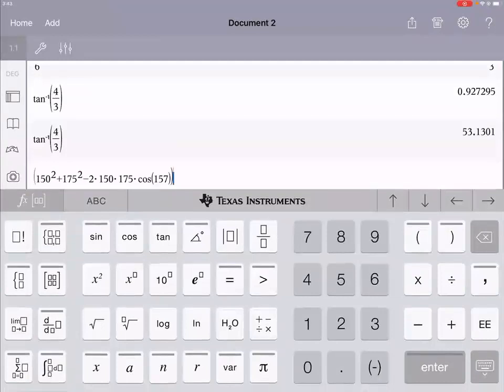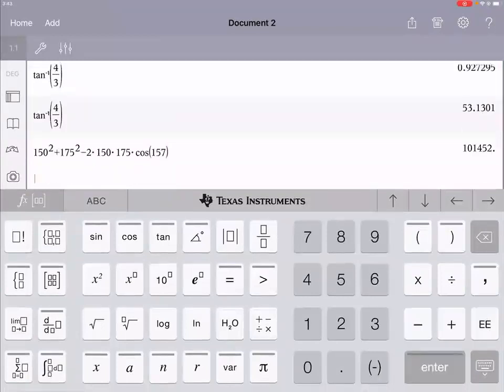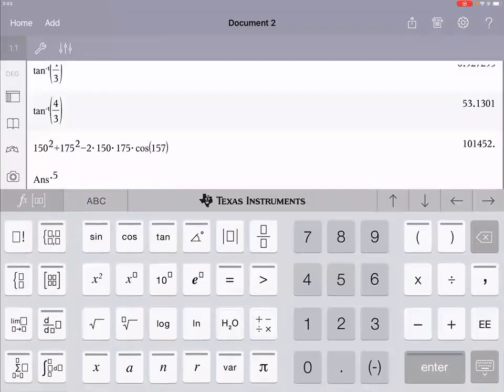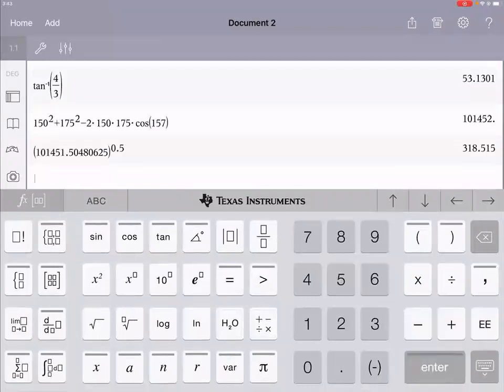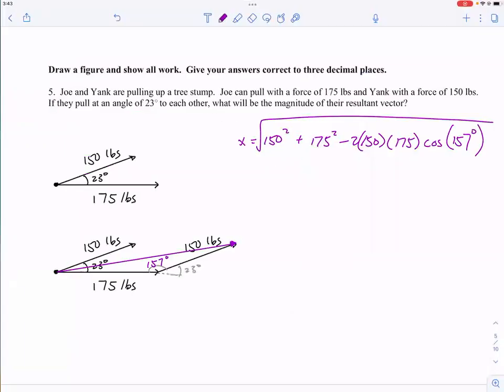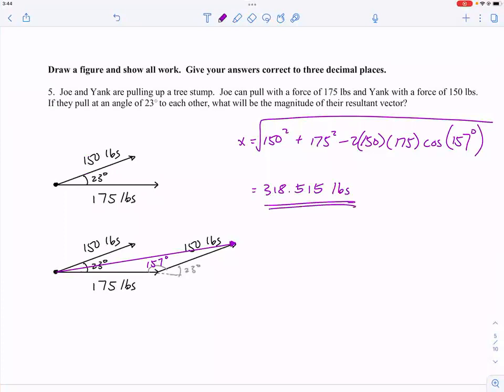Close parentheses, and then raise to the 1/2 power, which is the square root. So we've got 318.515 pounds. That would be the magnitude of the resultant vector.